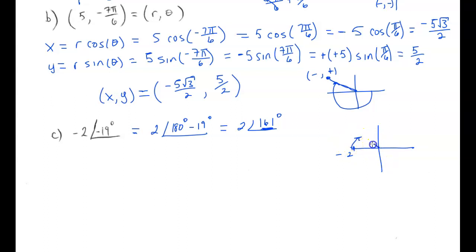So if I do that, notice that I am at an angle from a standard position standpoint that is in quadrant 2. And so this angle here is basically 180 minus the 19 that I have here. And that's how I get the 161 degrees, okay?